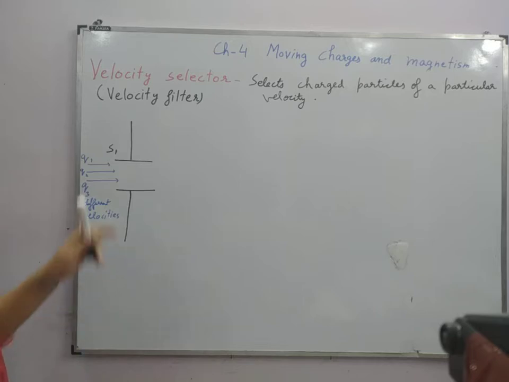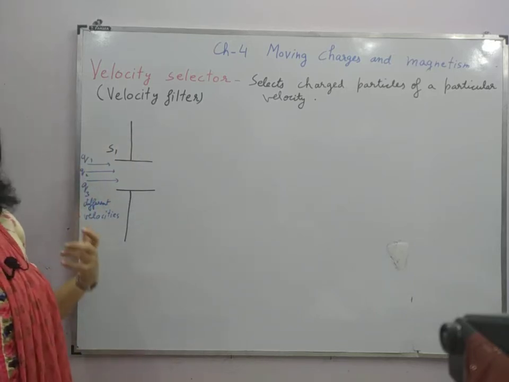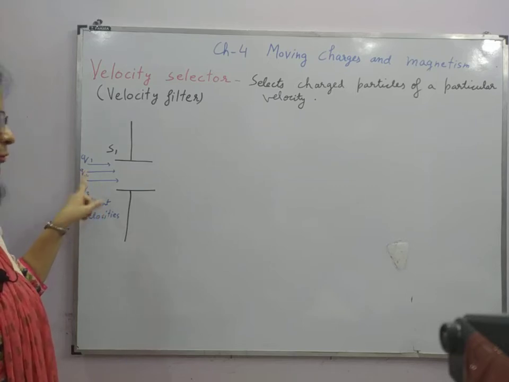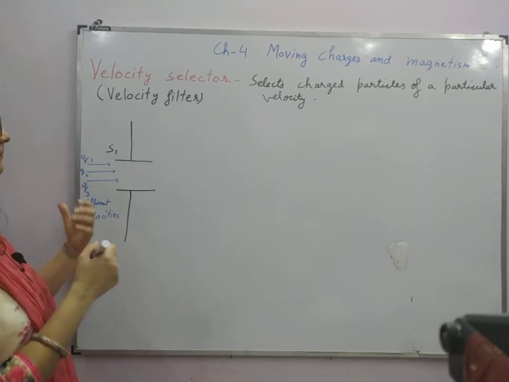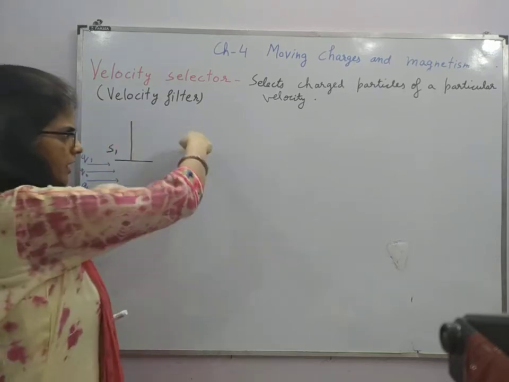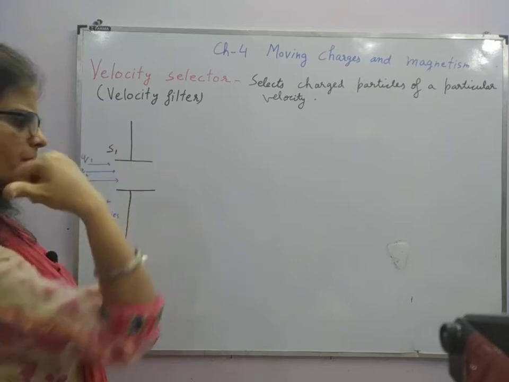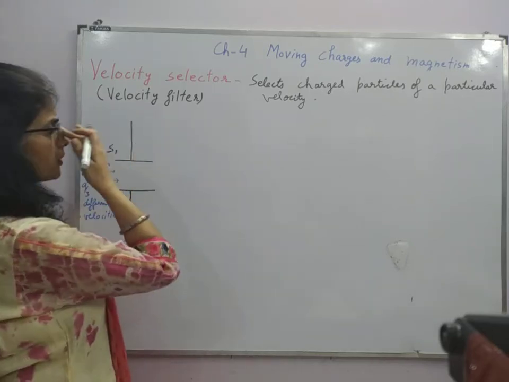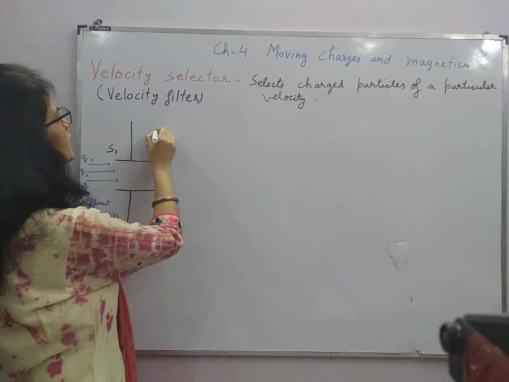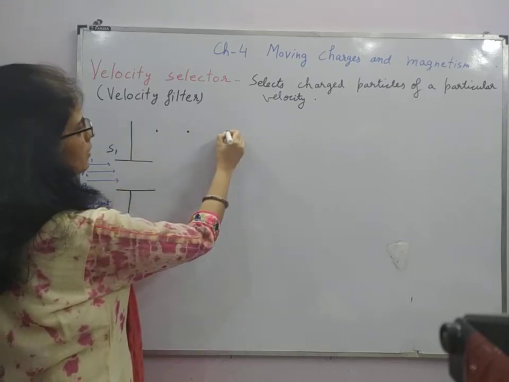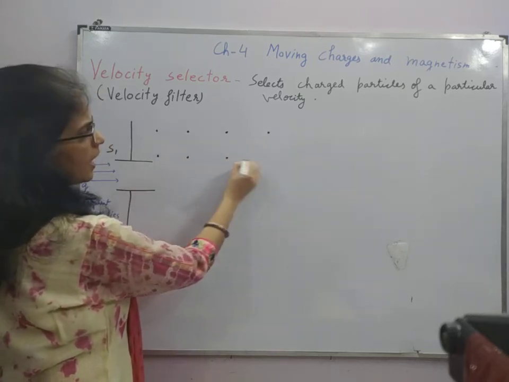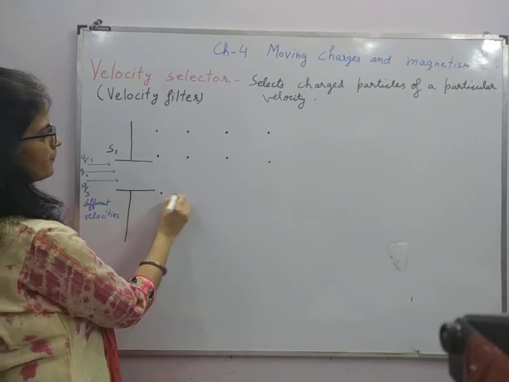Now in this region, a magnetic field is applied which is perpendicular to the direction of motion of these charged particles, right? So if these are entering this way, the magnetic field can be applied this way or this way. I am applying it this way because I have to draw a corresponding graph where I will be using the vectors also. So this dot means the magnetic field is normally outward to this board.